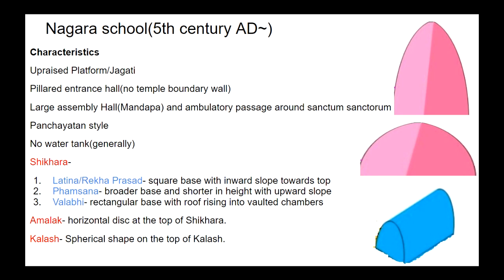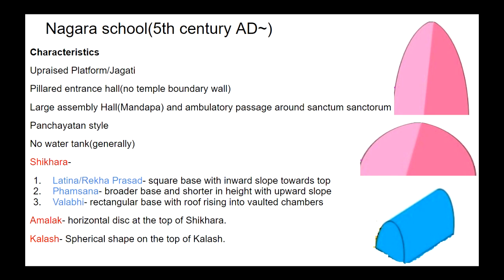Large assembly hall or mandapa and ambulatory passage around sanctum sanctorum. Also, we find Panchayatan style temple in Nagar school temple architecture. And in Nagar style temple architecture, we generally do not find any water tank.